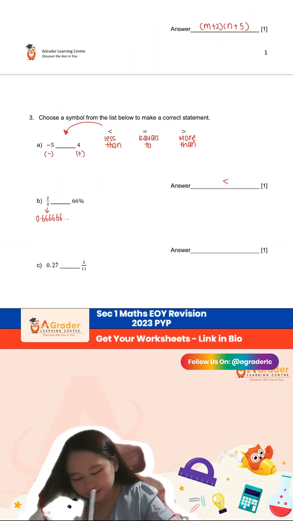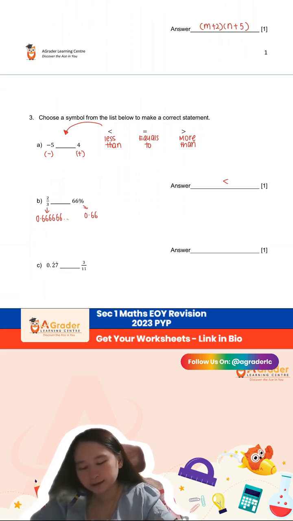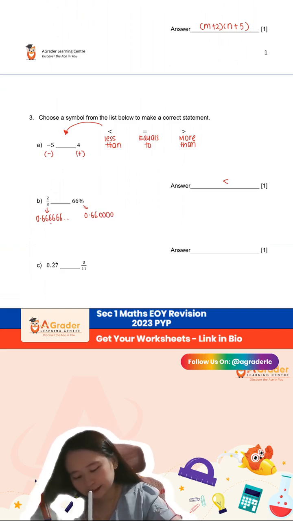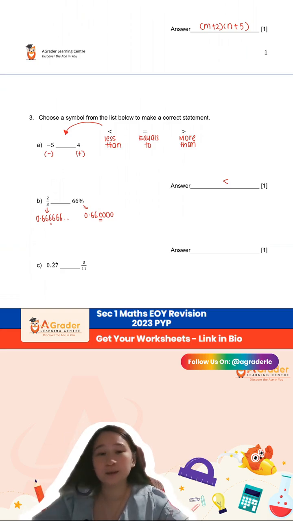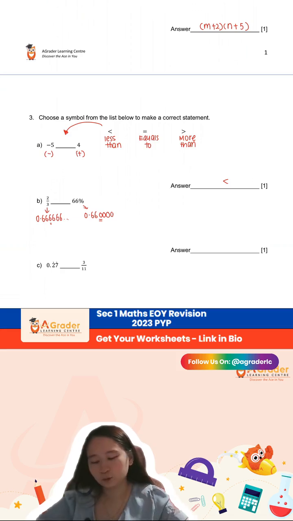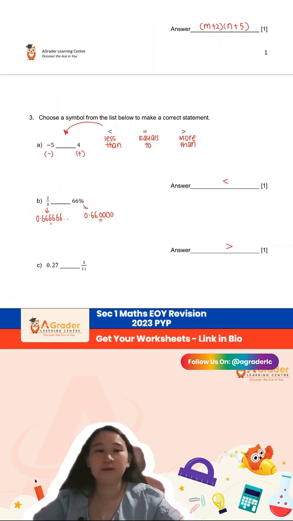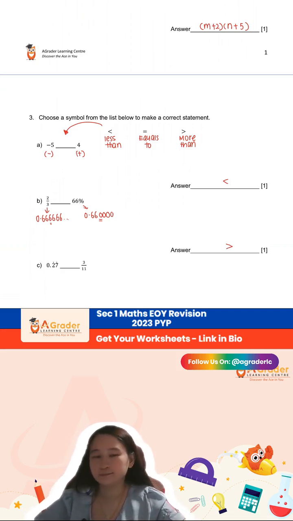The 6 is never ending. But for 66%, it's just 0.66. Whatever is behind the digit 6 here is 0. So you can see that when you base it on the third decimal place, you can really compare which is the greater number. So 2/3 is greater than 66%. So we use this inequality sign. Yep, good.